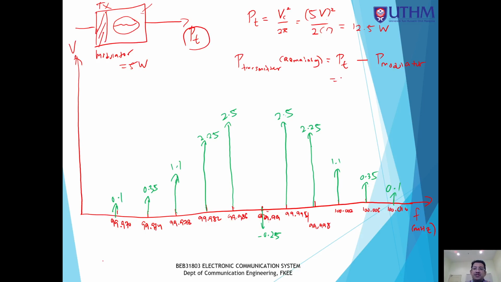So that means 12.5 watt minus 5 watt, which is given in the question. That is equal to 7.5 watt, the average power in the transmitter if the modulator carrier power is 5 watt.